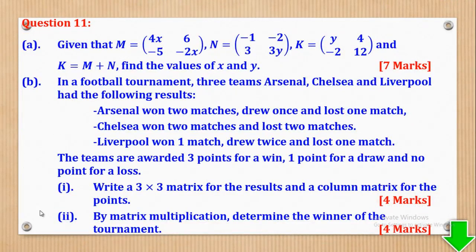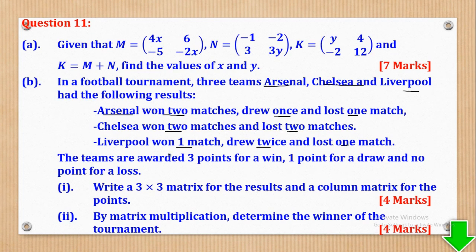So that was part A. Now part B. In a football tournament, 3 teams, Arsenal, Chelsea, and Liverpool, had the following results. Arsenal won 2 matches, drew once, and lost 1 match. Chelsea won 2 matches, lost 2 matches. Liverpool won 1 match and drew twice and lost 1 match.